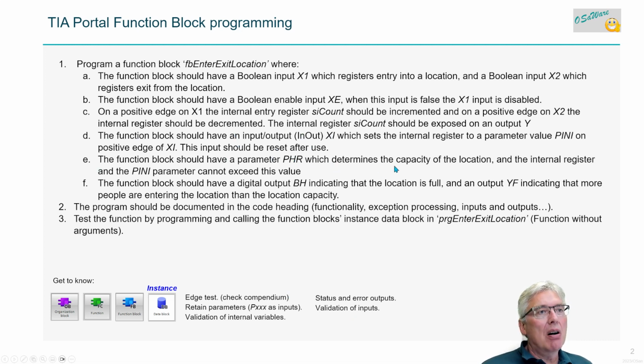Parameter PHR, the capacity of the location, we use an integer, which has a max of 32,767. Something, 32,000 something.